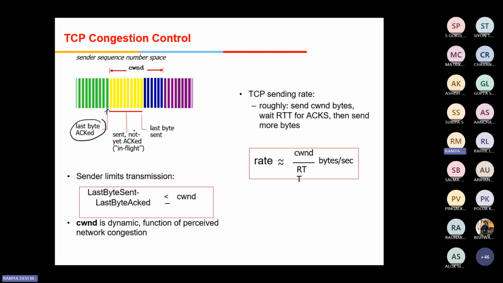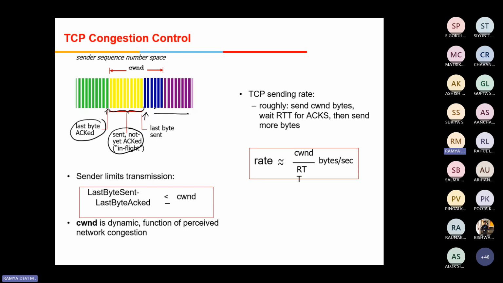This portion of data is sent to the receiver, but not yet acknowledged. It is in flight. And this is the last byte sent so far, which is mentioned here.